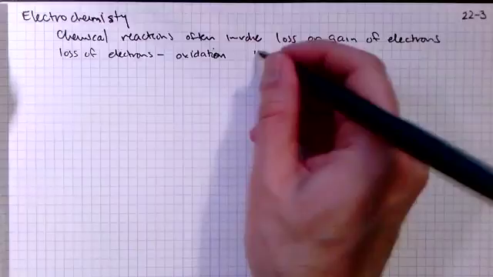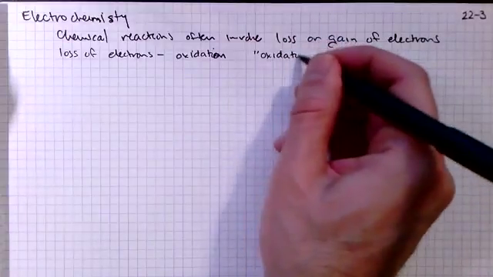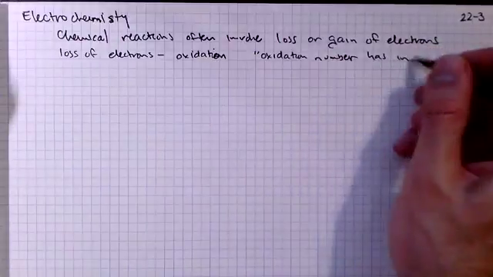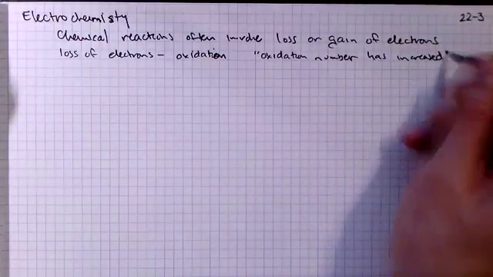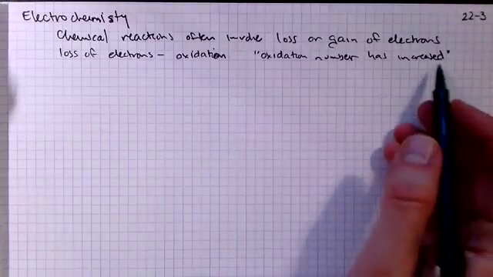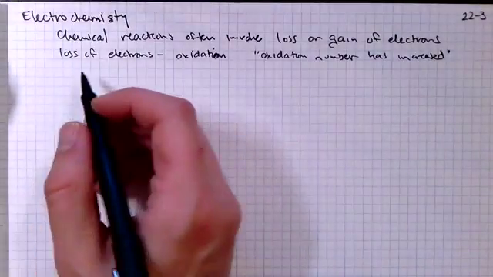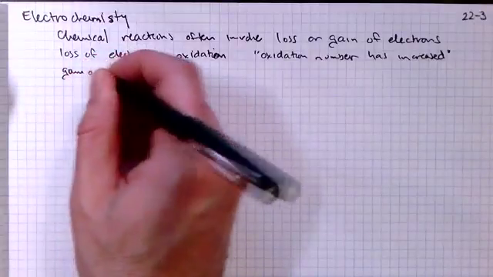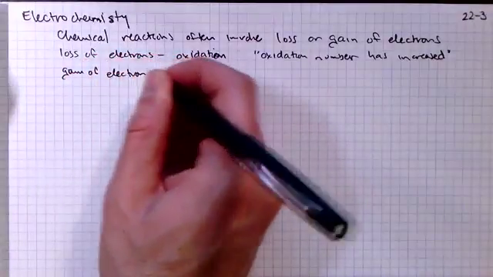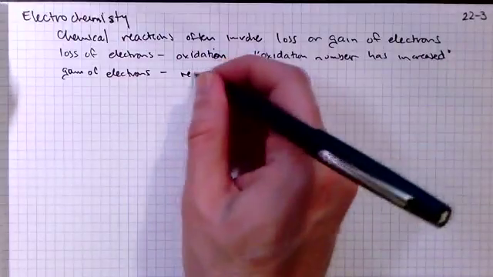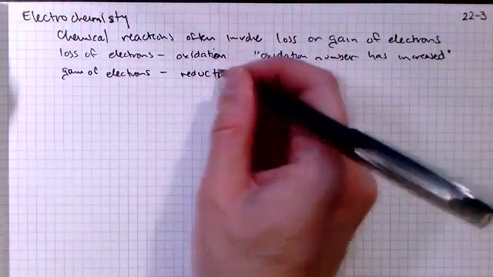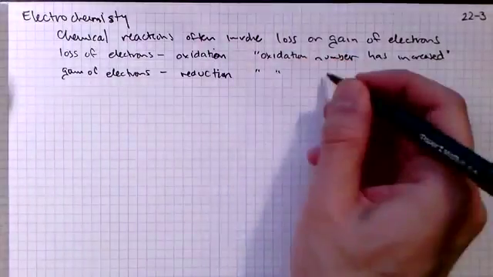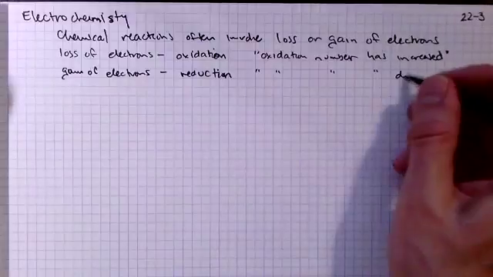And we say that the oxidation number has increased when a particular complex has lost an electron, and gaining electrons is counterintuitively known as reduction. And we say in that case that oxidation number has decreased.